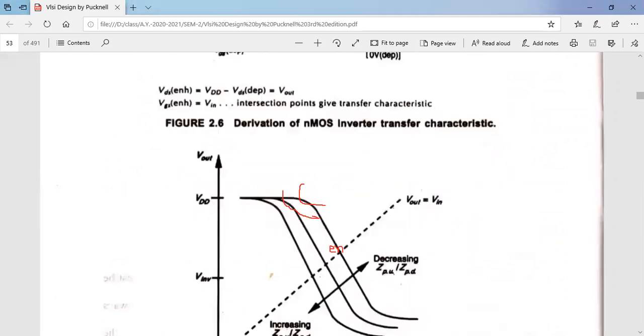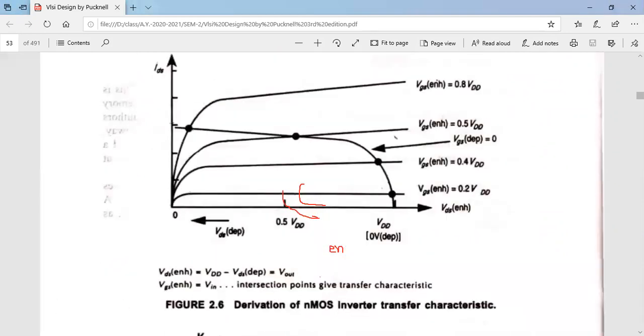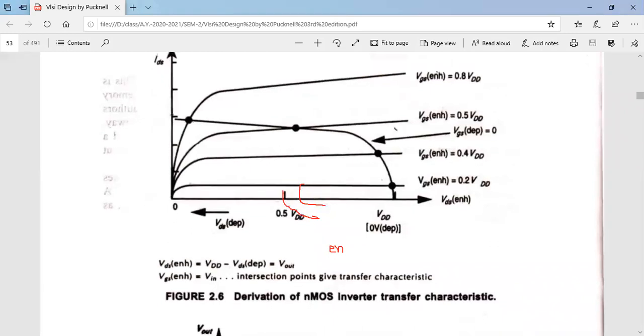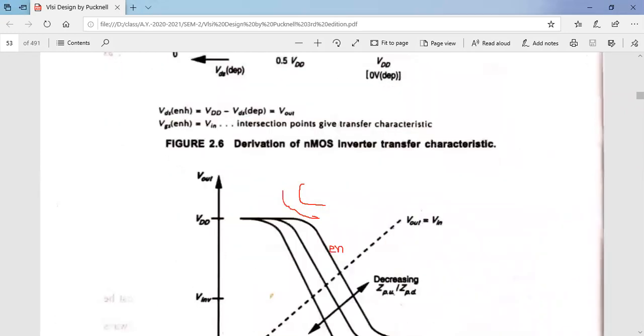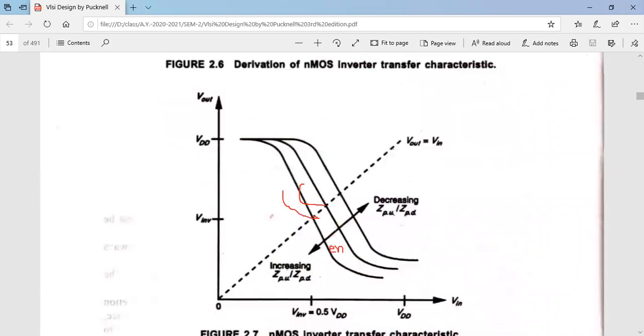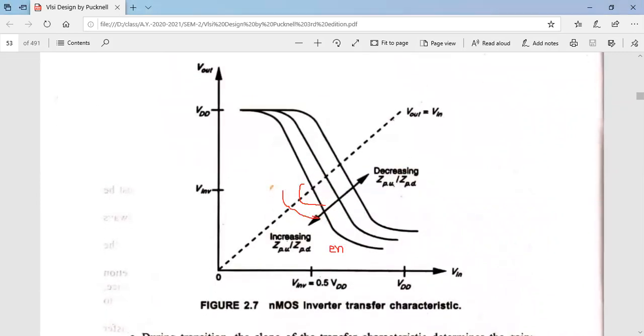This is when we are switching from the off to the on state. Figure 2.6 is the output moving from 0 to 1. This is when the output is moving from the 1 to 0 condition, right?